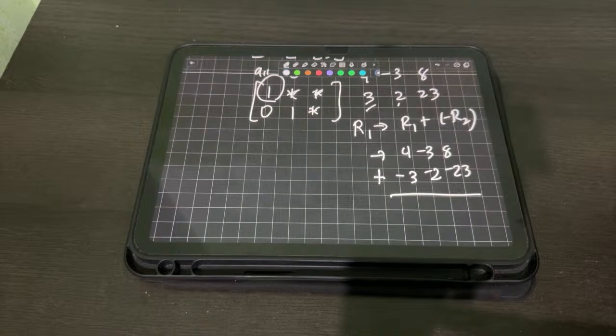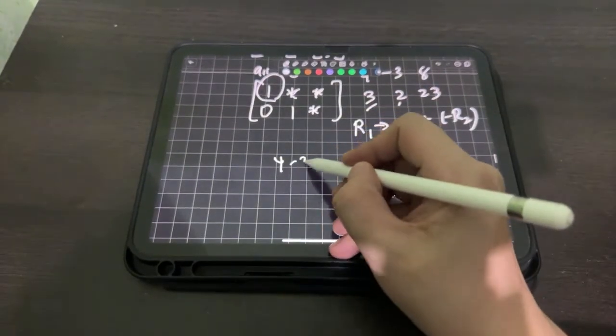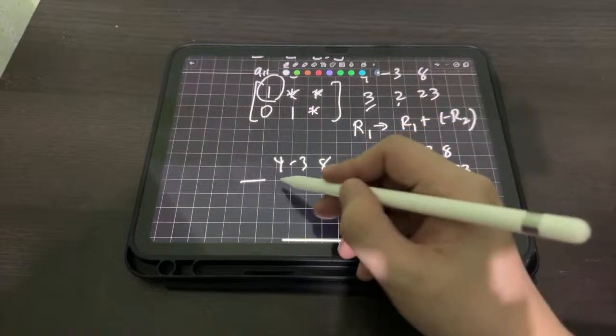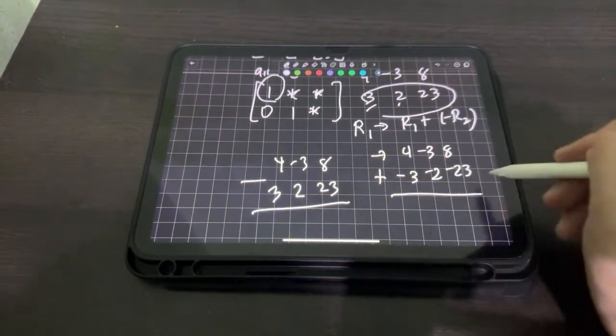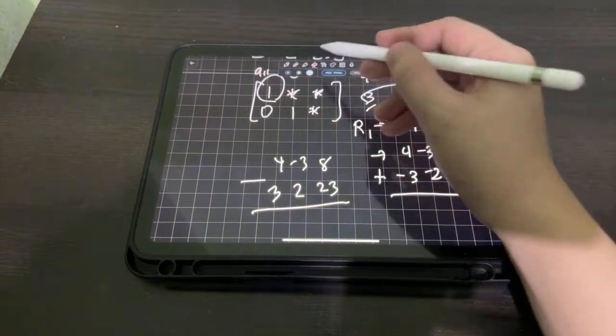Or you can just simply subtract if you want. Or you can just do 4, negative 3, 8 minus 3, 2, 23. It's the same as this.